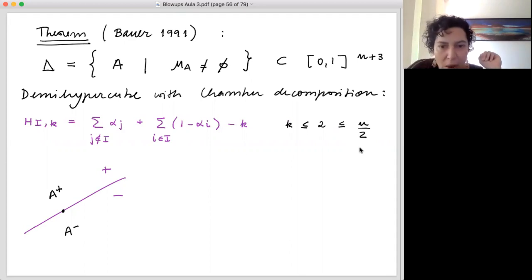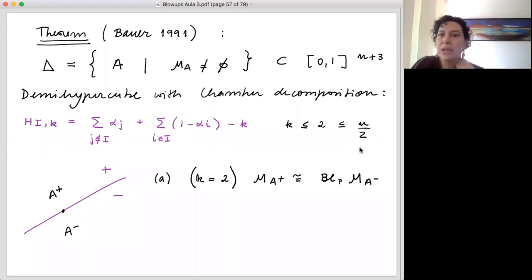And here is what it does. If k is equal to 2, then when you cross this hyperplane, the stability condition changes in such a way that the new moduli space M with respect to the weight A plus is the blow up of the moduli space with respect to the weights A minus in one point.